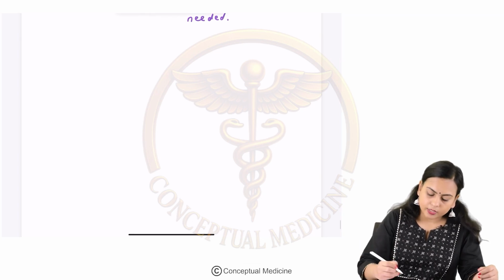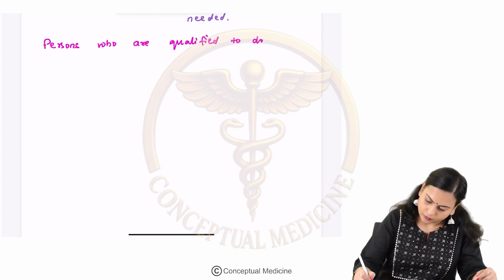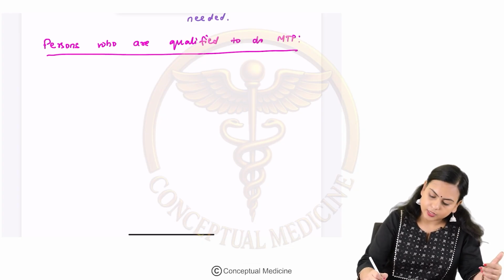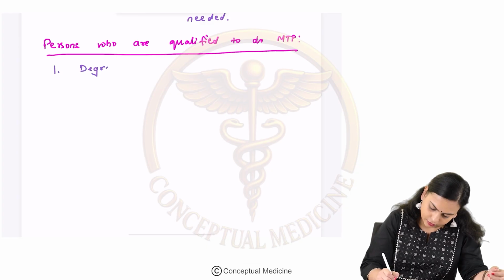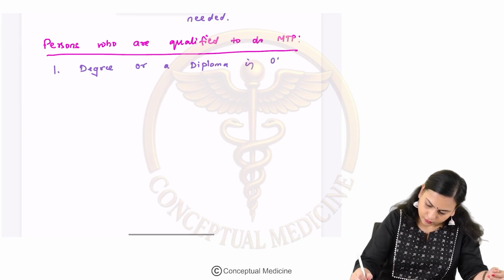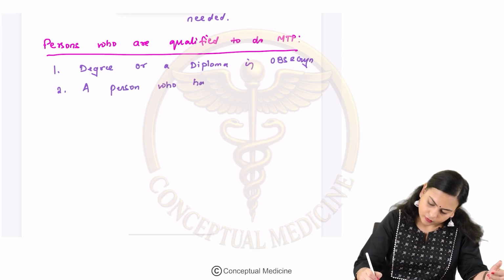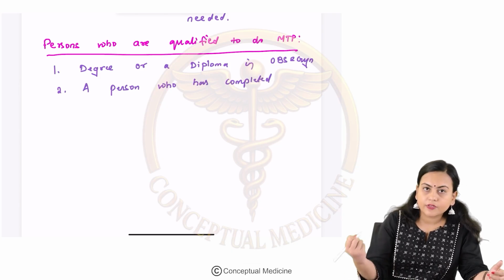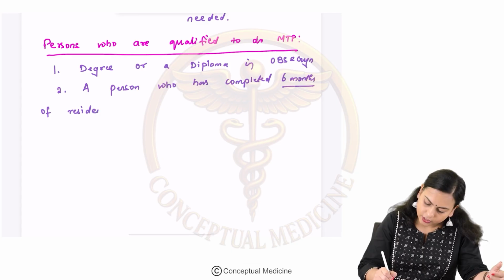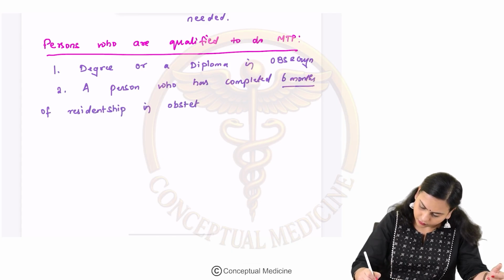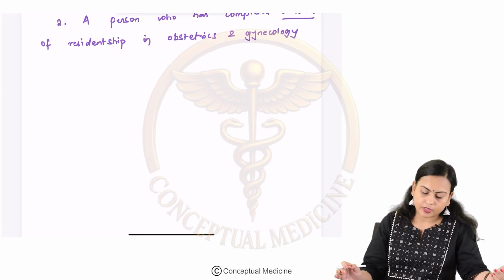And if we see the persons who are qualified to do MTP, these persons can have a degree or diploma in obstetrics and gynecology, or a person who has completed 6 months of residentship in obstetrics and gynecology, and who has at least 1 year of experience in the field of obstetrics and gynecology.